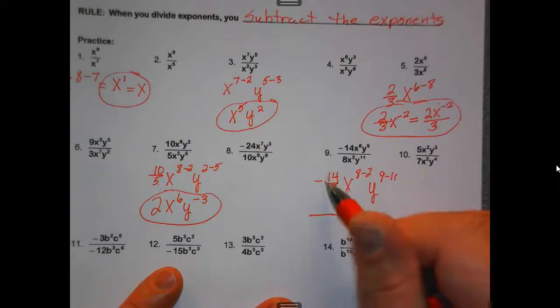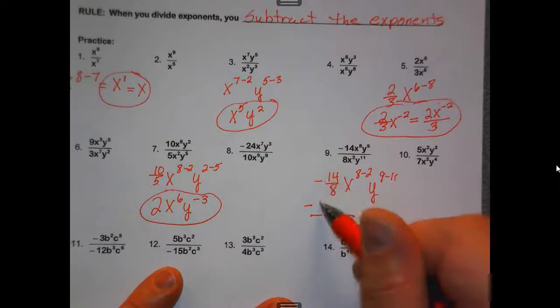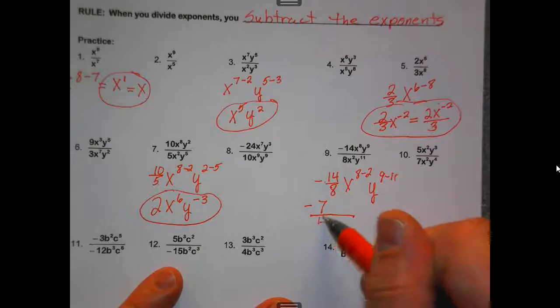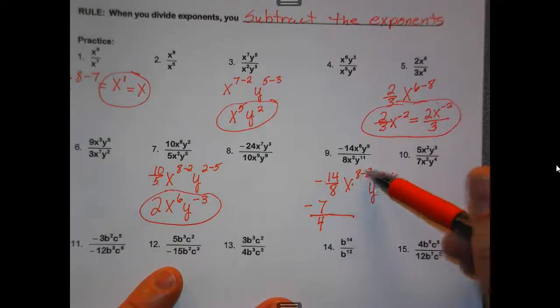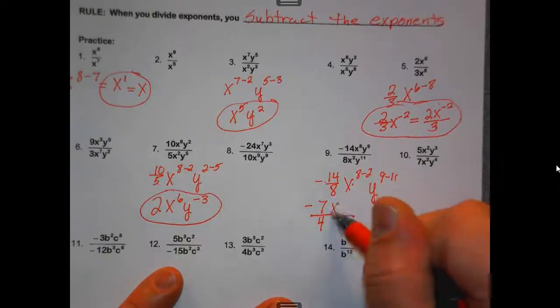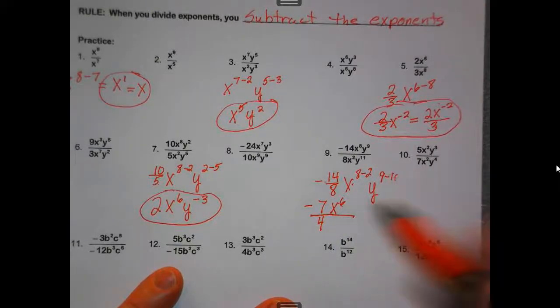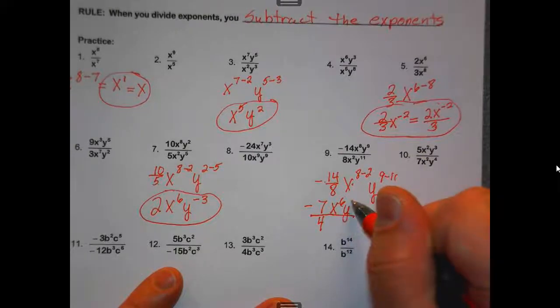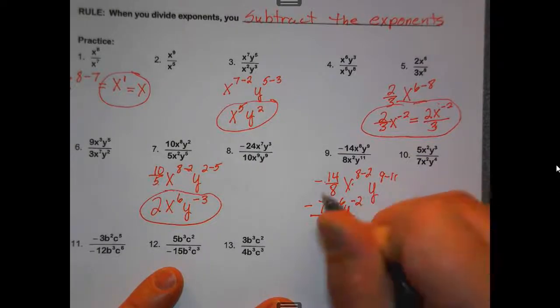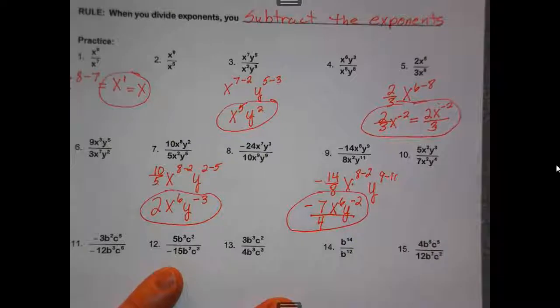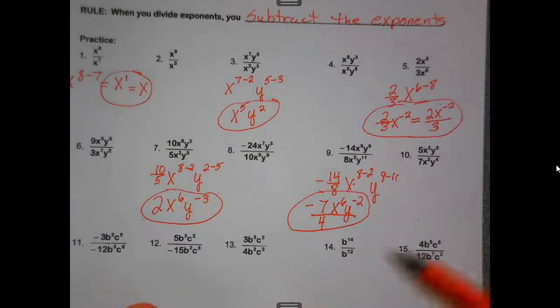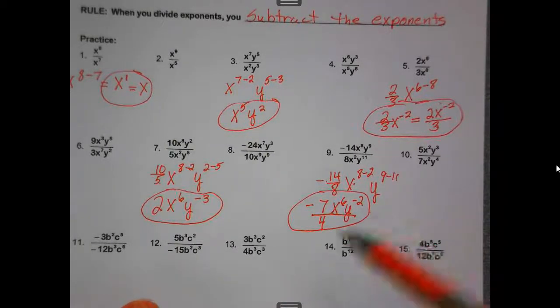Let's see, negative 7 and 4. X to the 8 minus 2 is x to the 6. y to the 9 minus 11 is y to the negative 2. Okay, see how I put everything in a fraction form?